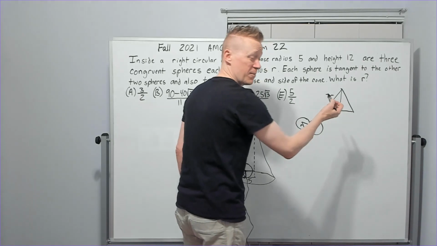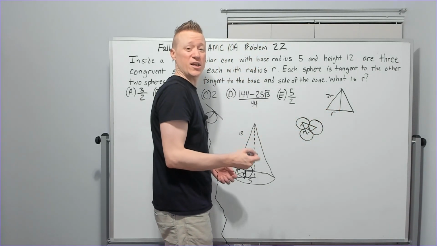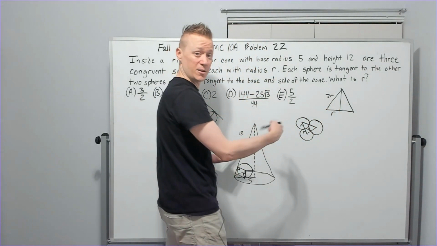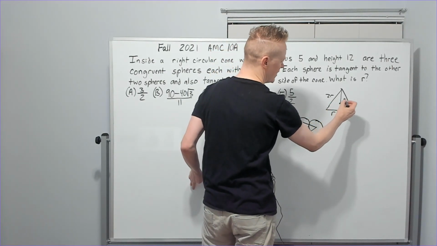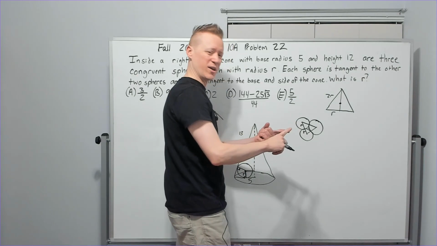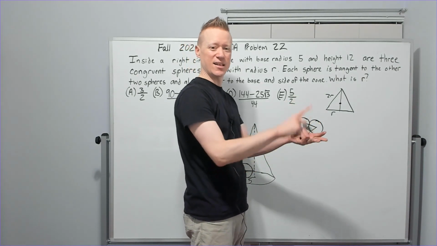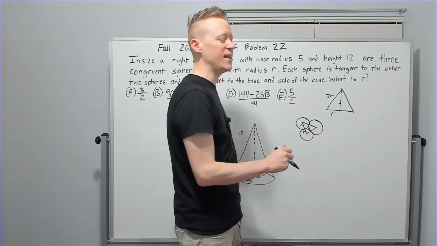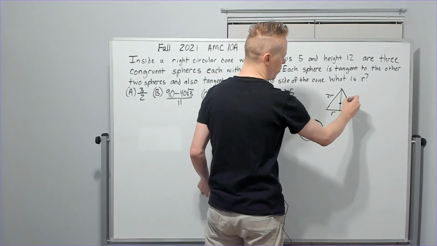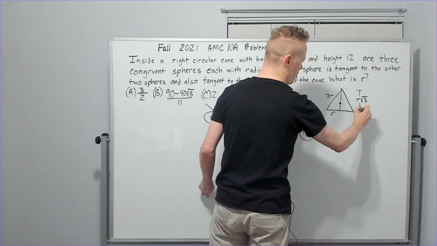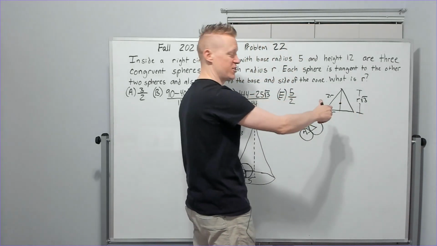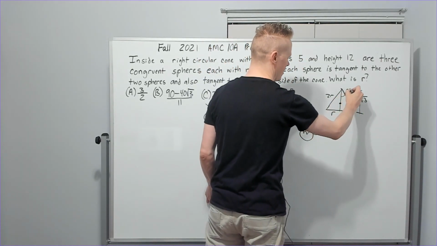What you want to remember about centroids is they create 2-to-1 ratios with the median that passes through them. The thing about equilateral triangles is the centroid is the circumcenter, the incenter, all of those things. So we know that this height going here is going to be r root 3, but we want 2/3 of that. So this piece right here is what we're looking at.